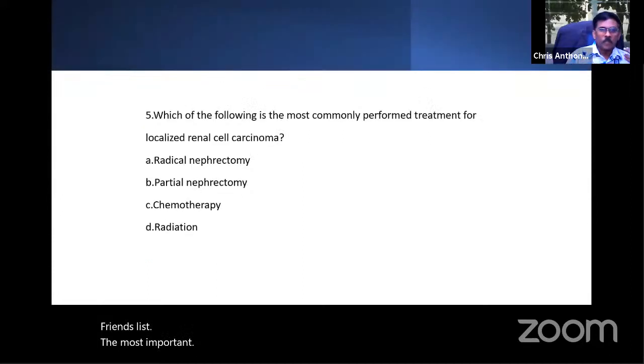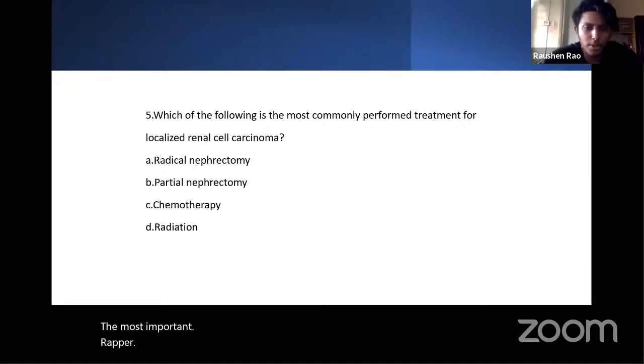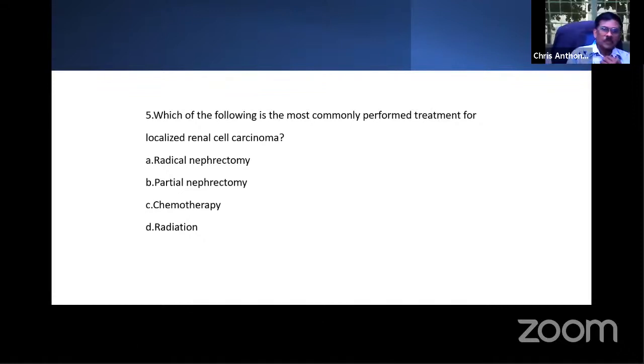Okay, the last question. Can you finish it? Which of the following is most commonly performed treatment for localized renal cell carcinoma? Radical nephrectomy. A. You think it's A?